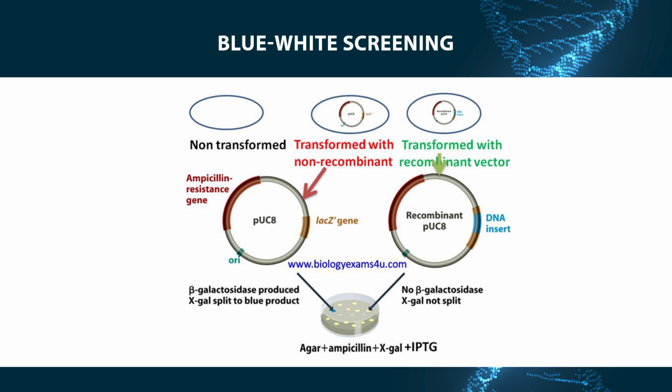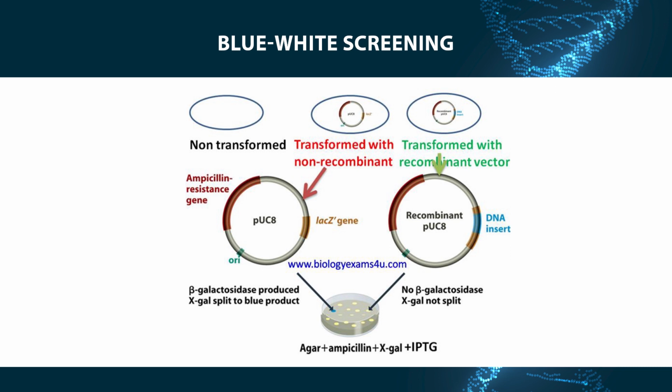So, this is an example of blue white screening. The first figure indicates the non-transformed cells, the second indicates cells transformed with non-recombinant vector, and the third one indicates cells transformed with recombinant vector. Here the selectable marker present is an antibiotic resistance marker, more specifically an ampicillin resistance gene, and the vector used is pUC8.